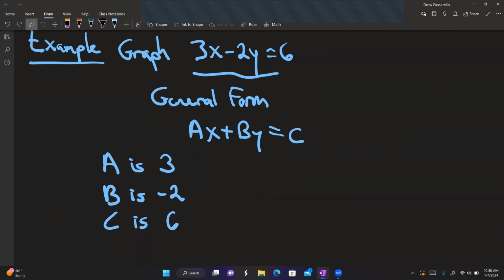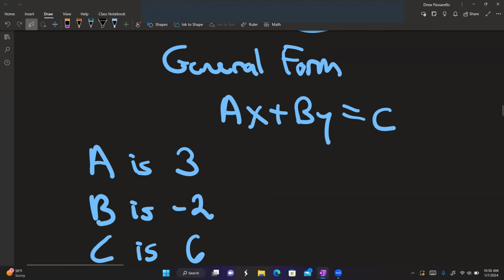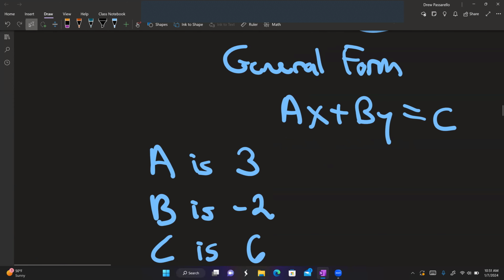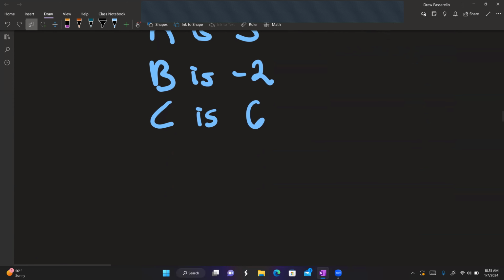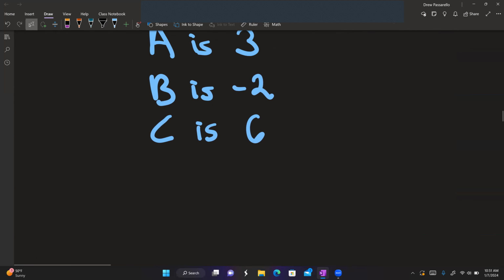All right, so we know it's a line. So that helps when we draw the picture. So knowing that fact, knowing it's a line, I need 2 points to graph the line. So let me scroll down and rewrite the line.